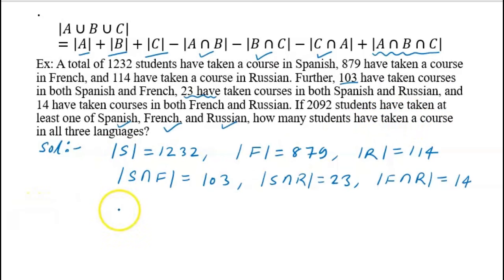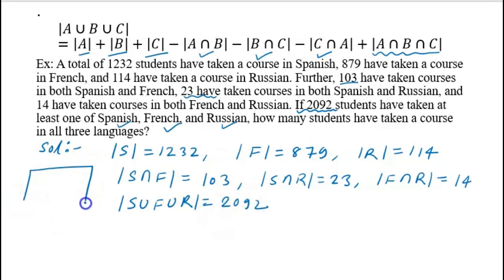So basically the last information that they are providing is S union F union R, that if 2092 students have taken at least one of Spanish, French and Russian, that is equal to 2092.